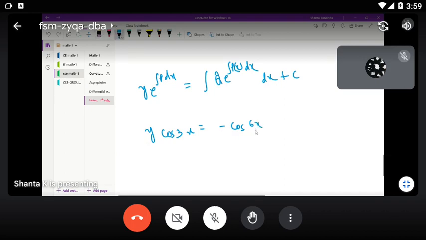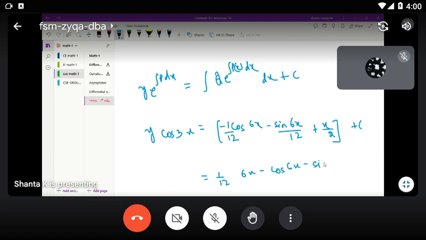Minus x sine 6x by 12, plus x by 2, and one constant. So you can take minus 1 by 12 out and you can make it 6x minus cos 6x sine 6x. So this is your solution.